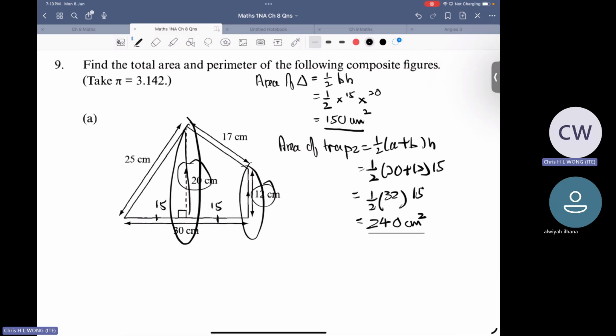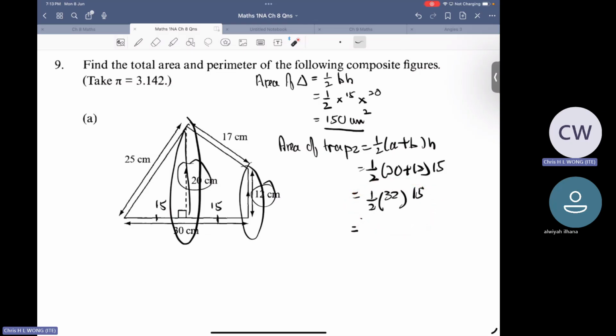Total area? Oh, so I see. So this one wrong, okay. What is 16 times 15? Somebody, give me the answer for this, please. 240.